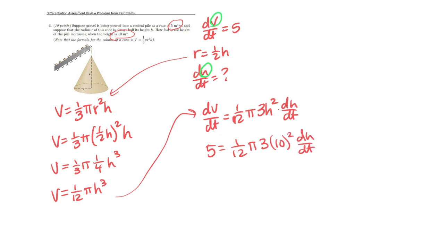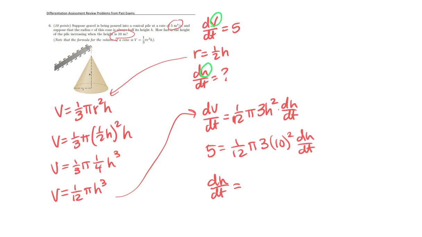So I can take that and use my calculator to solve for dh/dt. So dh/dt is equal to 5 divided by all of that stuff there. It's going to be pretty small. Let's see.